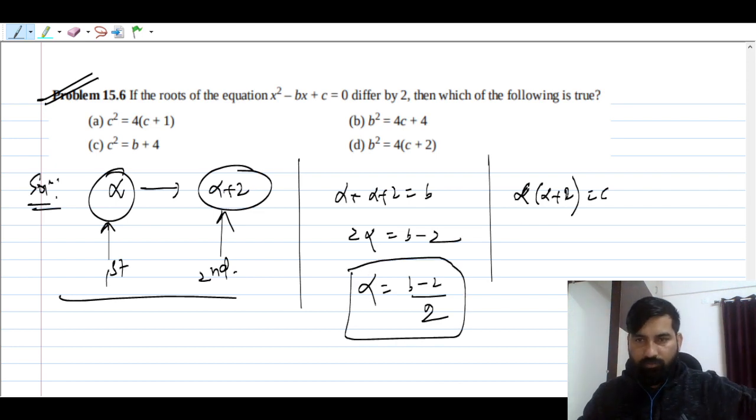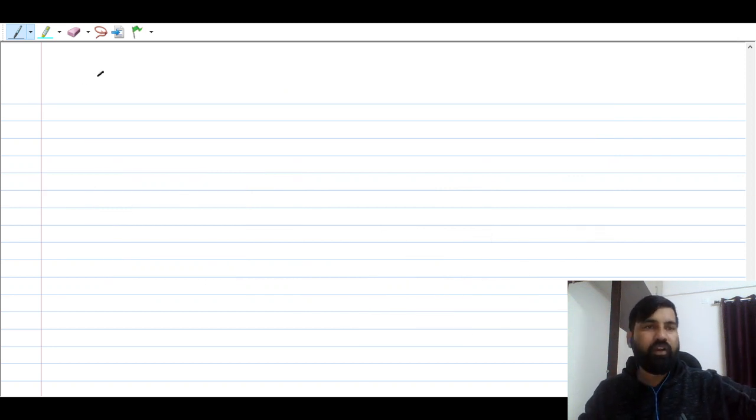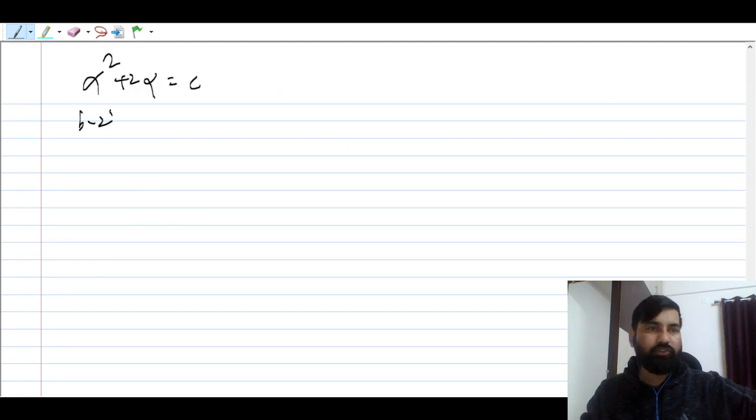And you can say that this is nothing but alpha square plus 2 alpha equal to c. Now in place of alpha you can put this, because you have to find, at the end of the day, the relation between b and c. So we can plug in here alpha square plus 2 alpha equal to c, where alpha is b minus 2 by 2, right? So b minus 2 whole square by 4 plus b minus 2 equal to c, right?